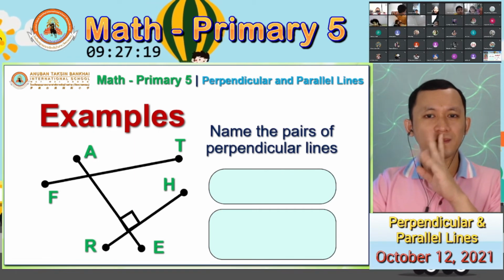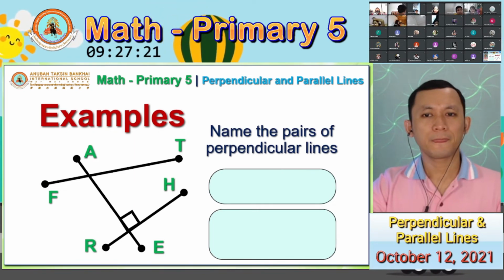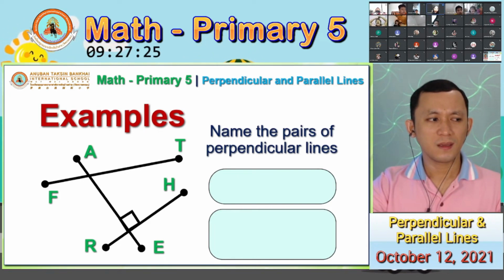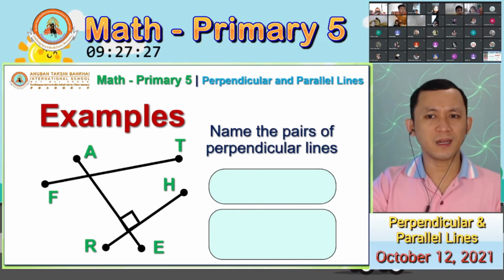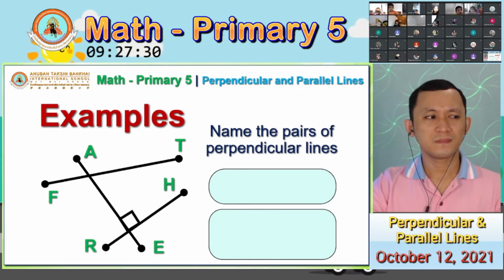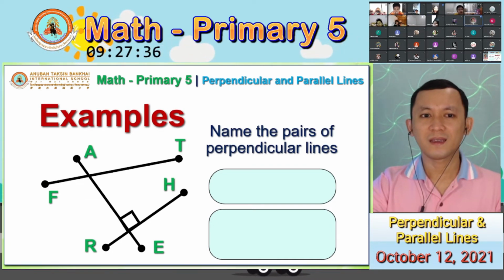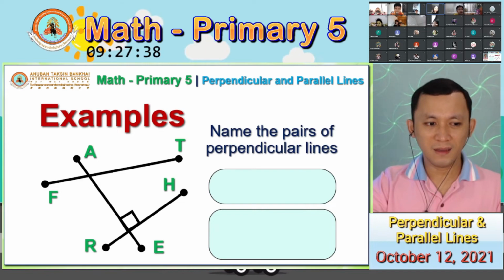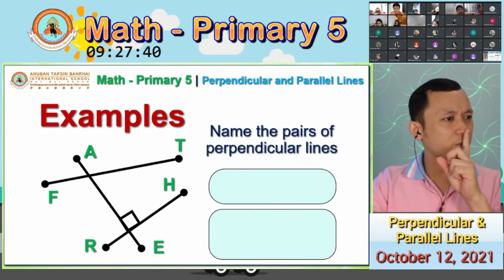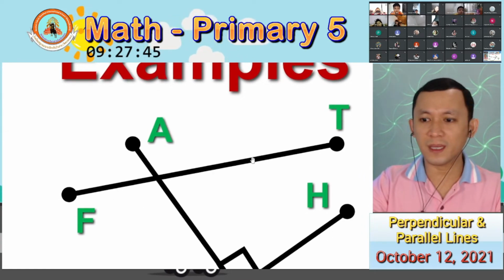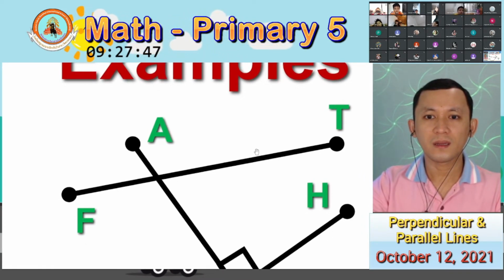Line segment HR and line segment EA. Again, line segment HR and line segment EA. Very good.